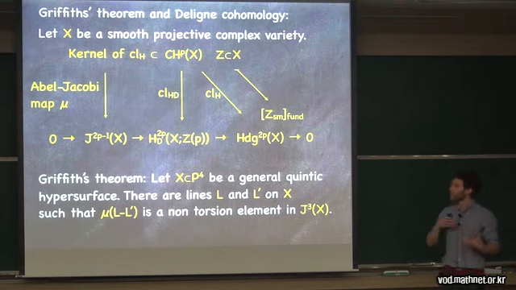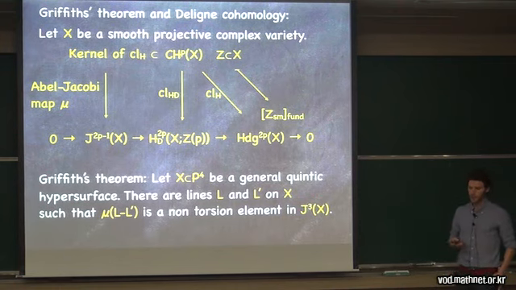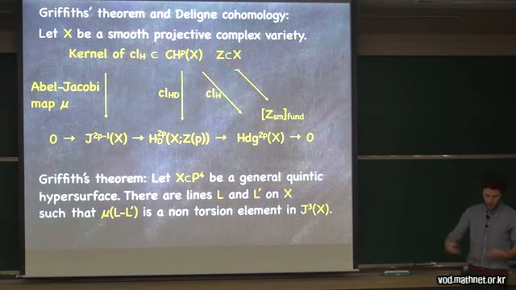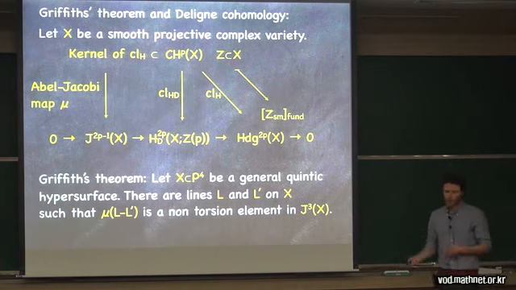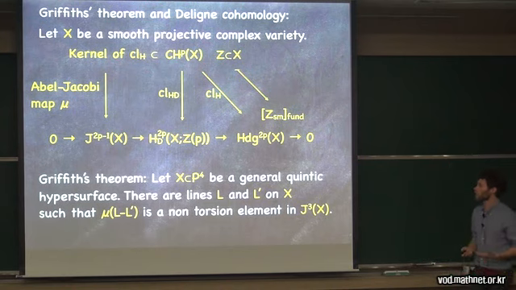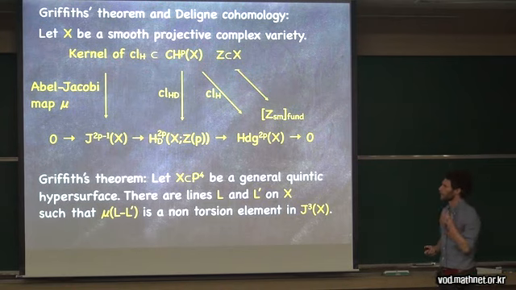And therefore this group, which we now call the Griffiths group, can be infinite. So in order to find something out about the kernel of the classical cycle map, which is a very natural thing to look at, sending an algebraic subvariety to some cohomology class that you can understand by all kinds of topological methods, this is a very useful thing.